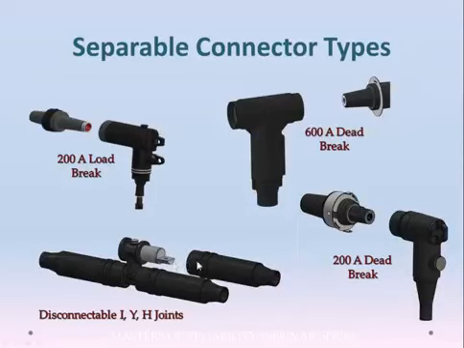In particular, there is a lug that gets bolted in here. It happens to be exactly the same lug that you'll find in the 600 amp dead break system. Also, if you look at the back end of the 600 amp dead break elbow, it's exactly the same as the back end of the disconnectable splices, and they both accept the same cable adapter.